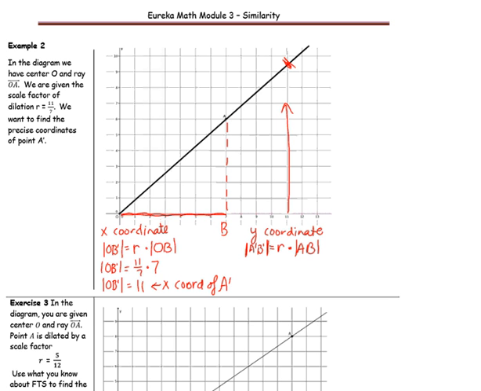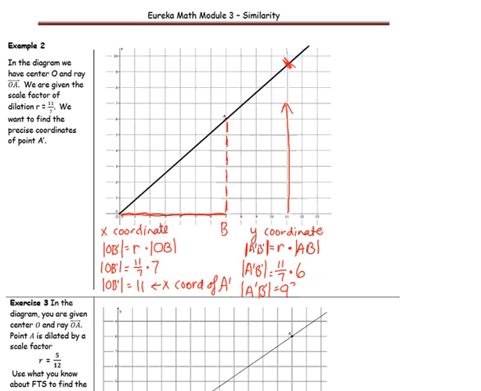Our point will be here. Back to our equation. We know that the scale factor is 11/7. So we'll substitute the r for 11/7. The length of AB is right here, and we can count that. That is on the y-axis 6. Multiplying those two numbers together gives us the length of segment A prime B prime.